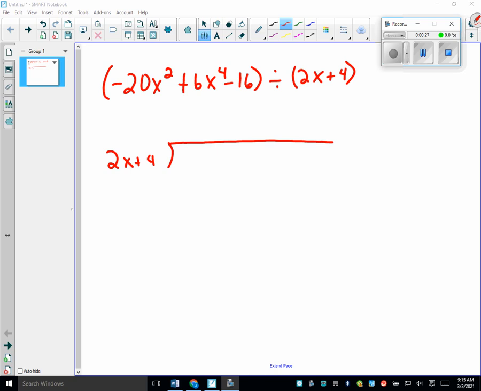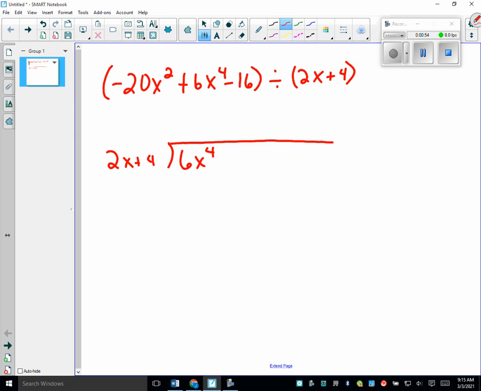You have to move the 6x to the 4th to the beginning. Then there's no x cubed, is there? I can either write 0x cubed, or I can just leave a space for it, because I might need an x cubed.